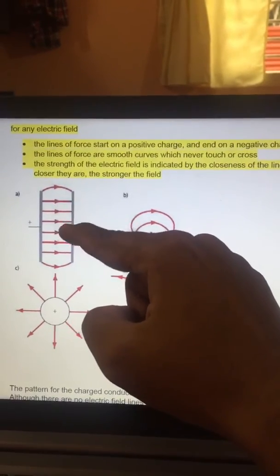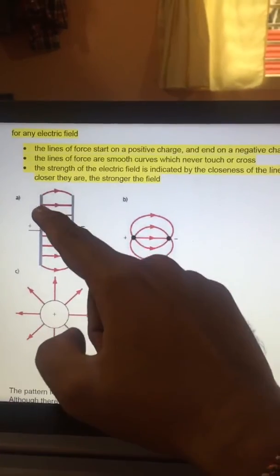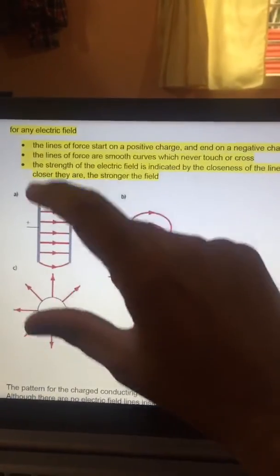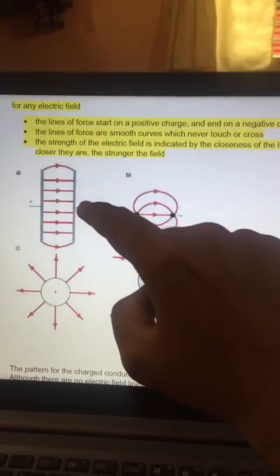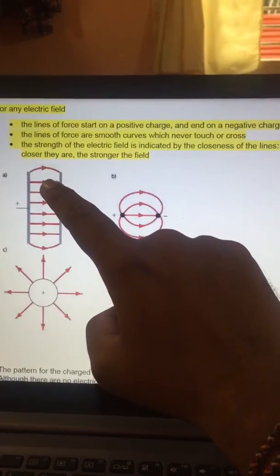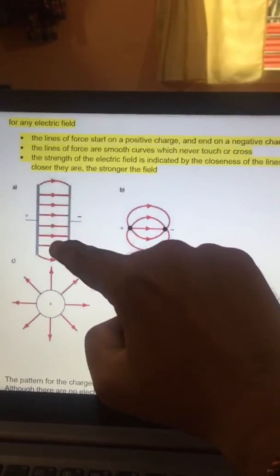The gap indicates the field strength, so equal gap means equal field strength. We're going to look at that in detail in the next video, but the strength is the same because the gap is equal.